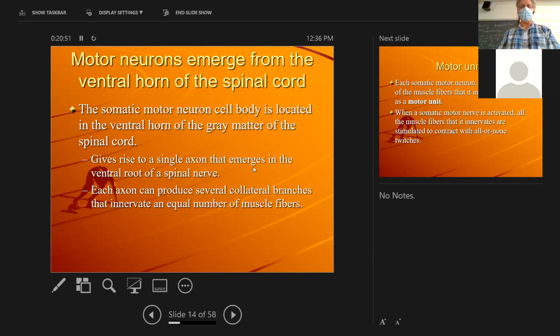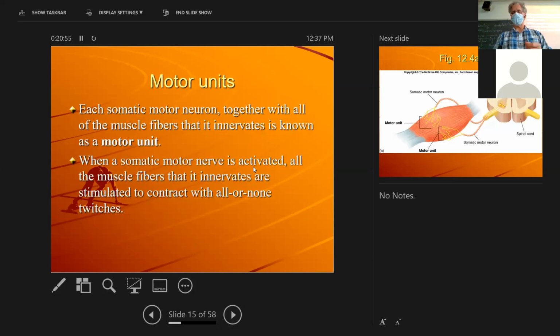Okay, we talked about that already, the branching of the motor neuron axon. The motor neuron will innervate several muscle cells because of the branching of the axon.